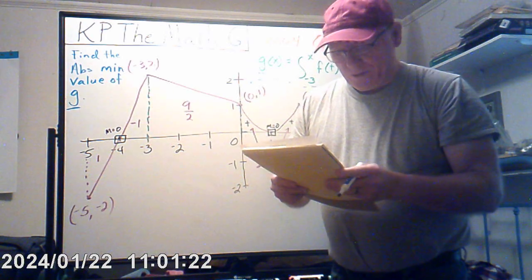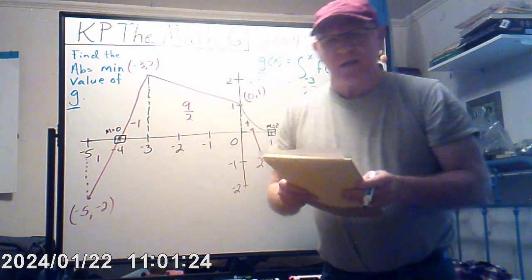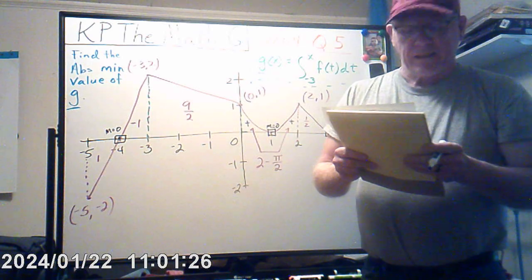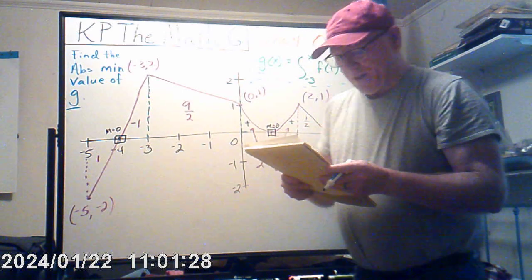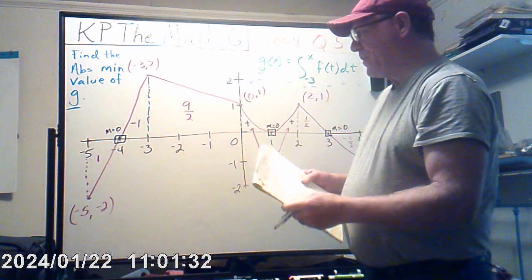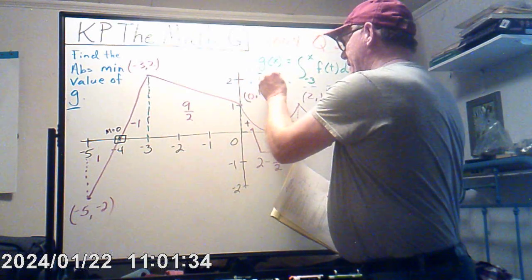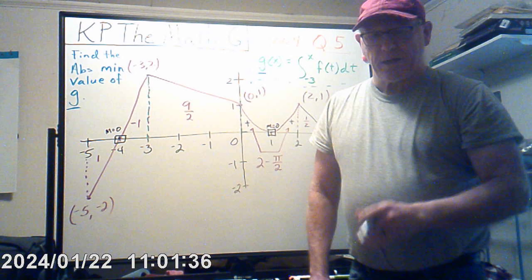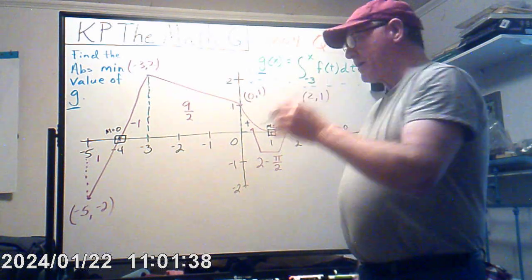That is the key to understanding this problem. When it says the absolute minimum value of G, we've got to look at G right here. Everything that we find has got to come from G.